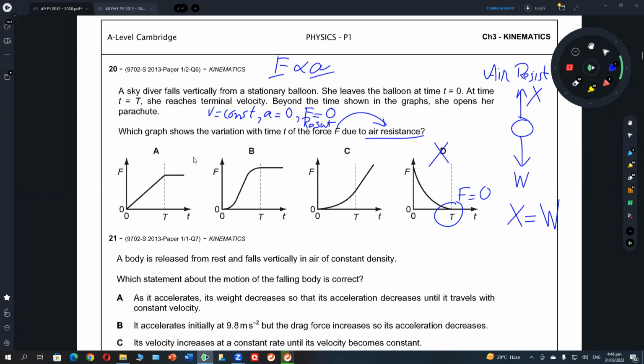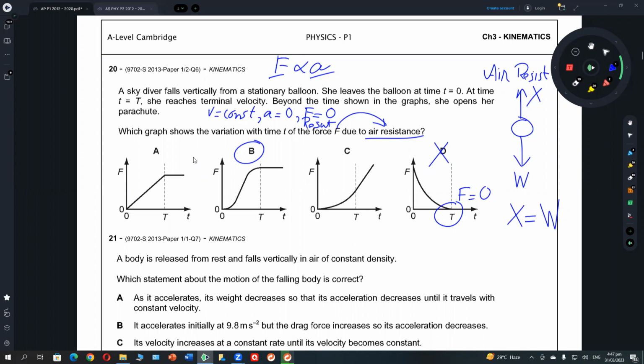So what should be the answer? It'll be B now. Yes, it is B. Why not A? A also shows constant velocity. The difference is a straight line. When it is a straight line, it means force is increasing at a constant rate. But this is not the case.